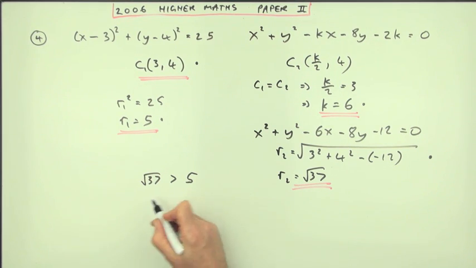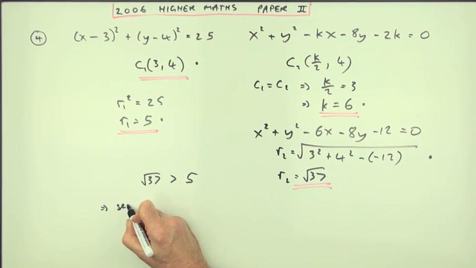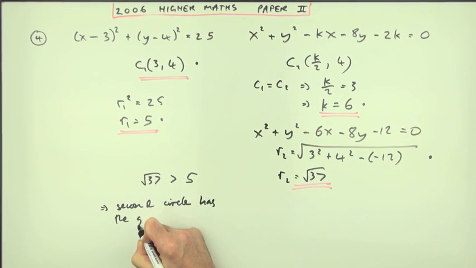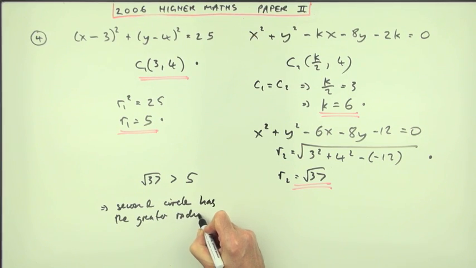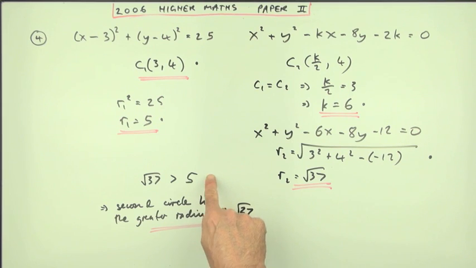But I'd be tempted to finish it off with a statement. Root 37 is greater than 5, which means the second circle has the greater radius of root 37, and put the last mark there. Though in the marking scheme you get away with that mark being there.